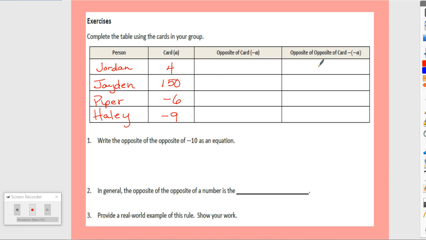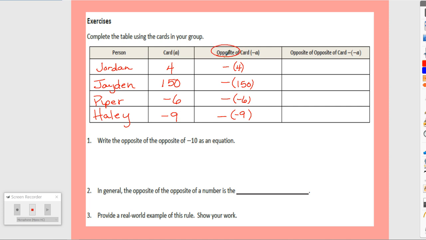So I need to take a look at this and find out how would I write the opposite of that card. I'm going to put my numbers in a parenthesis, okay? That's where I'm going to start because that's my original number. Now I want the opposite of that. So a negative sign out front represents opposite.